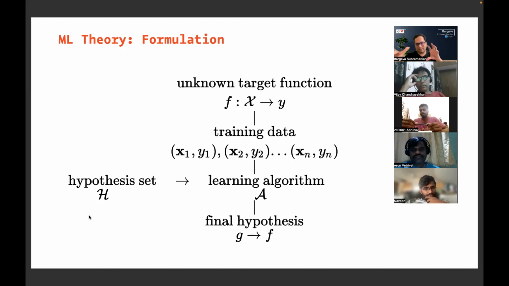So every single thing is a model by itself. Then there is some learning algorithm that will help us arrive at what is called a final hypothesis. We can only have a conjecture, a guess on what the God function is, which is G, which we think approximates the God function F.